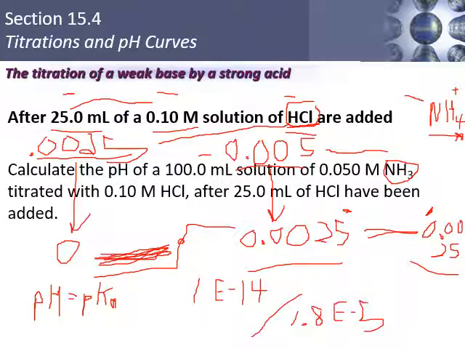I'll just do that real quick, so bear with me. And I'm getting 5.56 times 10 to the minus 10th. Okay, so the Ka is 5.56 times 10 to the minus 10th.